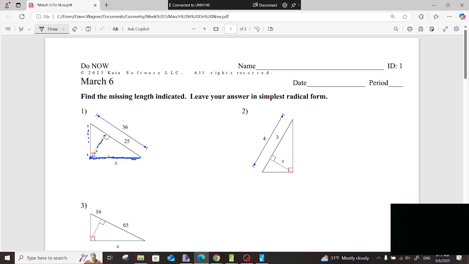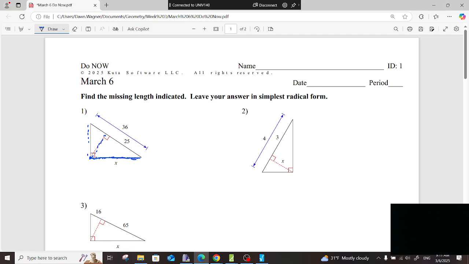These two are similar. In the little triangle, the x is the hypotenuse, but with the big triangle, the x is one of the legs. That's why you see it twice.